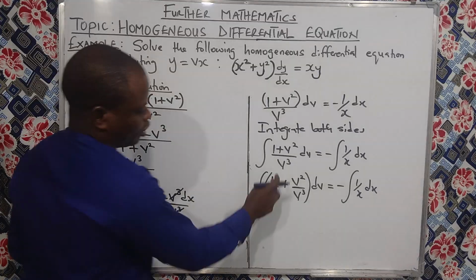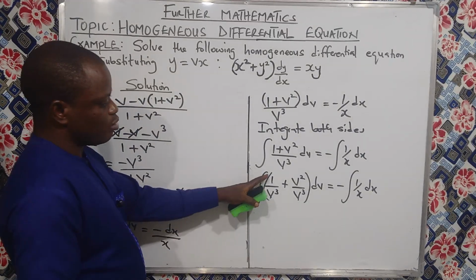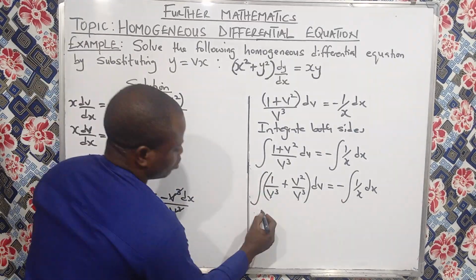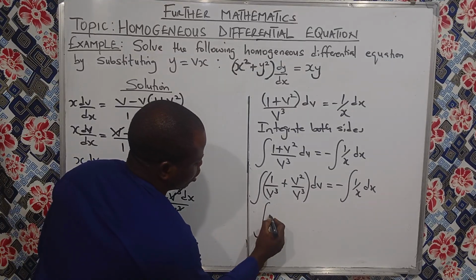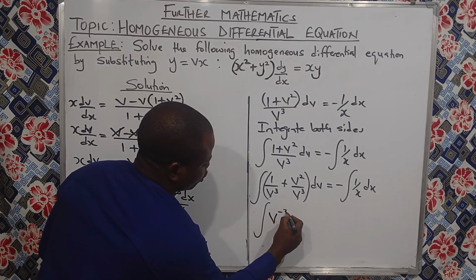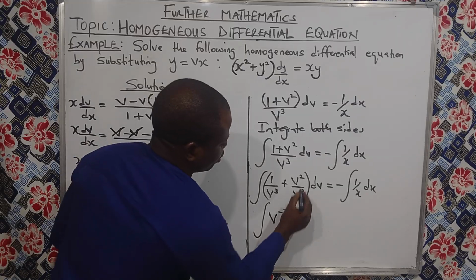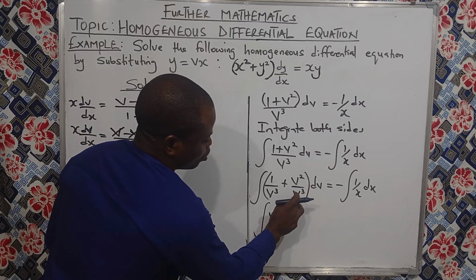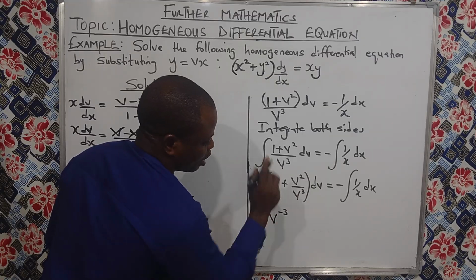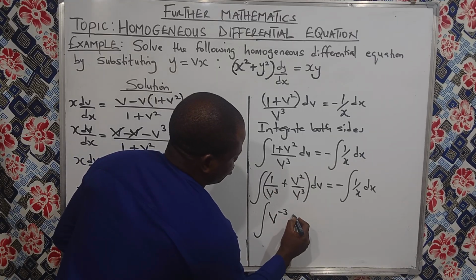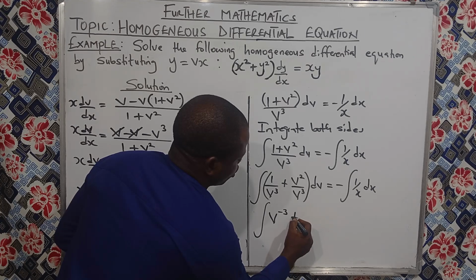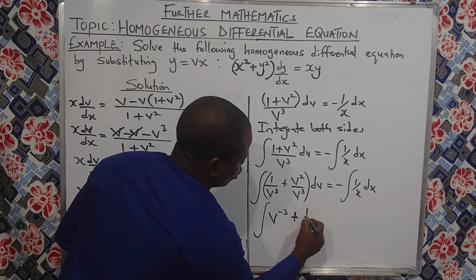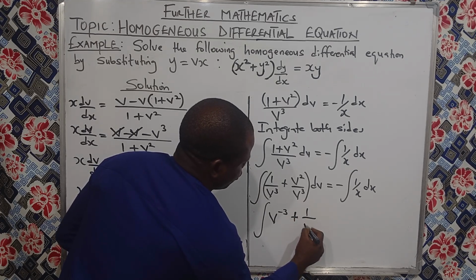Good. Now, under indices, when you are removing this 1 it will turn to integral of v raised power minus 3. You introduce the negative, and this v squared will cancel v squared inside this v raised power 3. You are left with 1 over v.